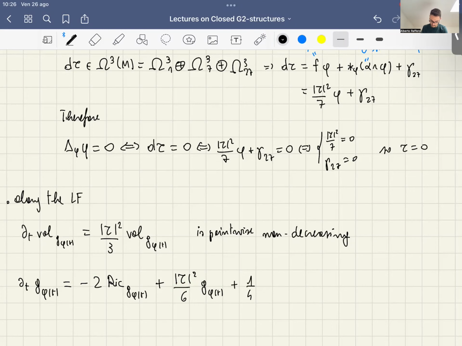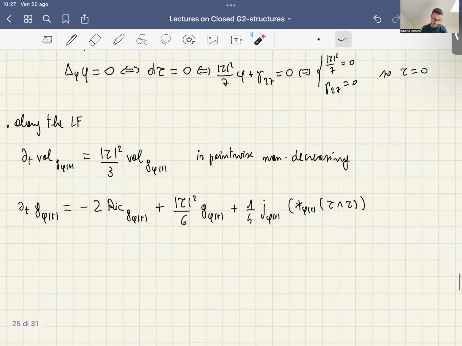Plus 1 over 4, the map J phi t applied to the Hodge dual of tau h tau, where this map is the one we defined in the first lecture. So in particular, as you can see from here, the leading term of the evolution of the metric induced by a closed G2 structure along the Laplacian flow is precisely the equation of the Ricci flow.